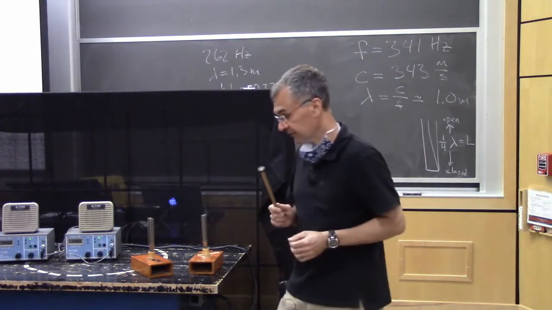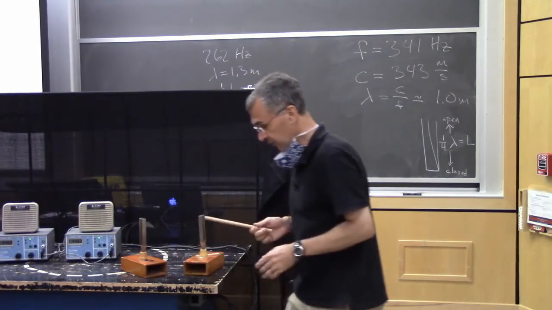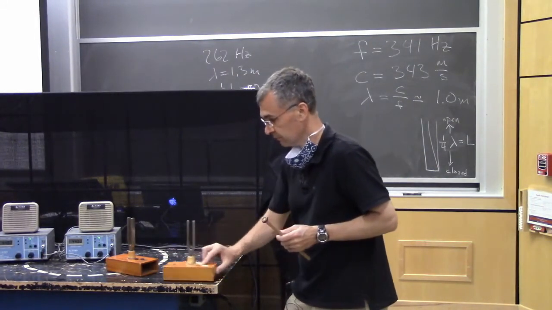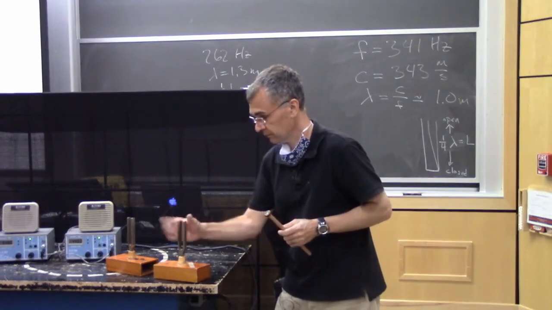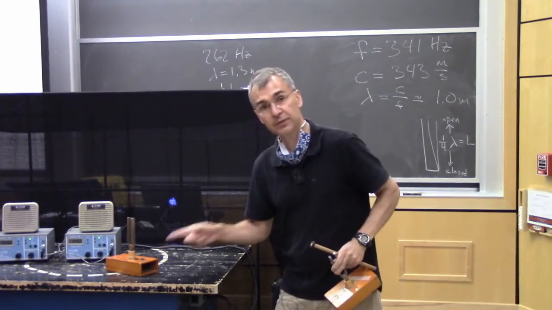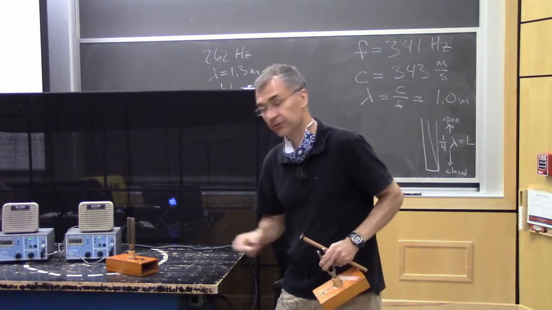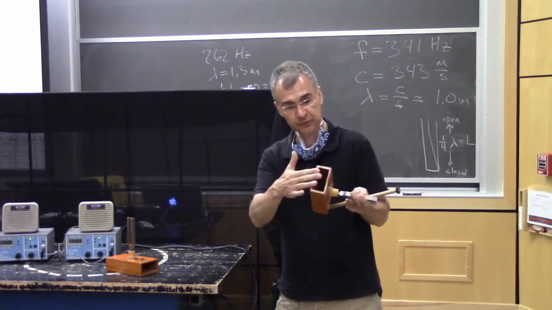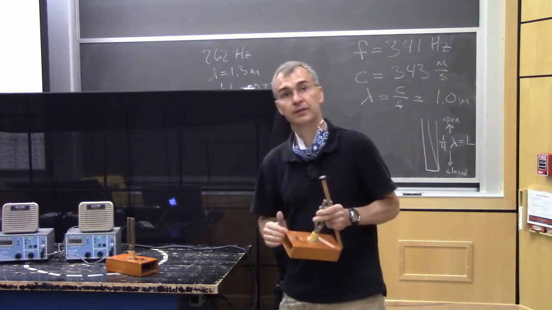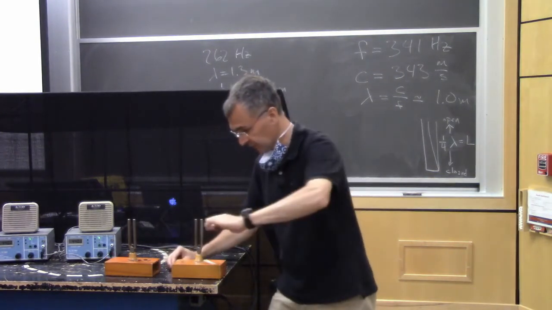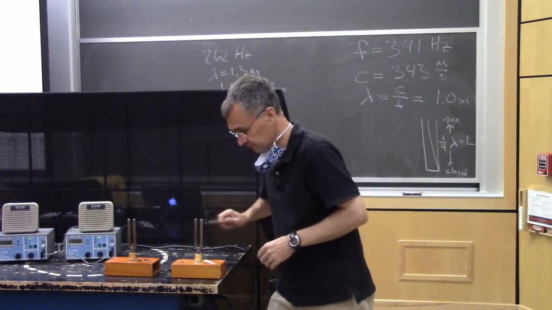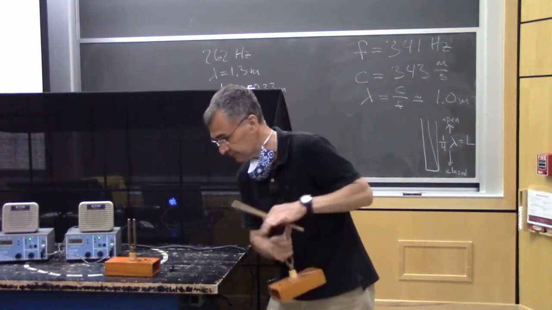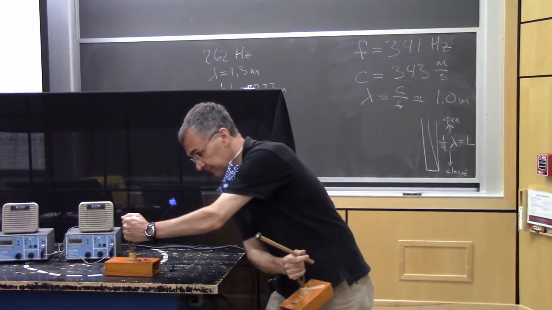Oh, and in fact, if I strike one of them, I can actually get this one to keep resonating because they're so close together in frequency that the sound coming out of this one excites the other one. I'll start this one going. I'll stop this one. And this one is still going.